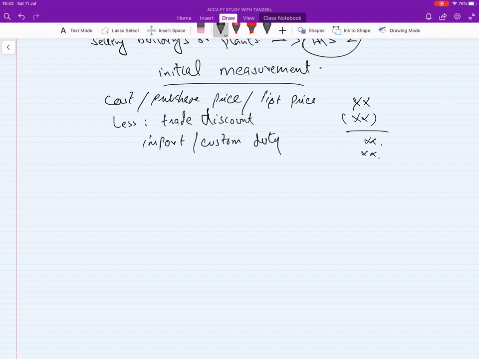So if someone wants to buy an iPhone, he has to go out of the country and get the phone and come back. And the same goes for Lamborghini. If you imported the car, they will charge you import or custom duties. You have to pay those custom duties, and you can include these duties in the initial cost of the asset.